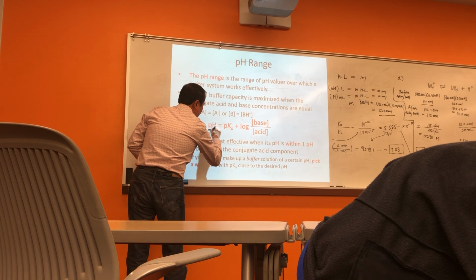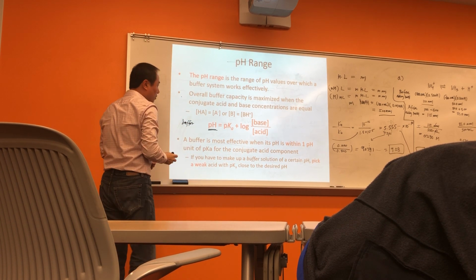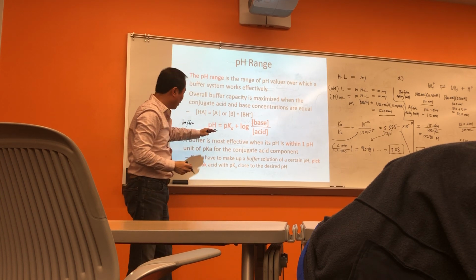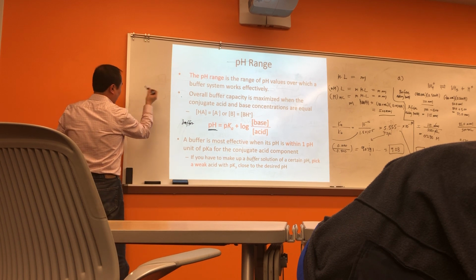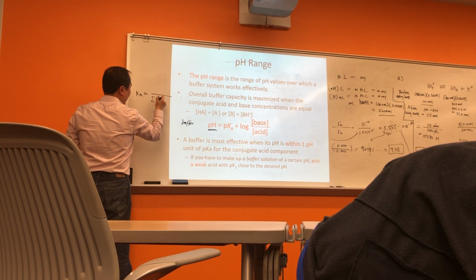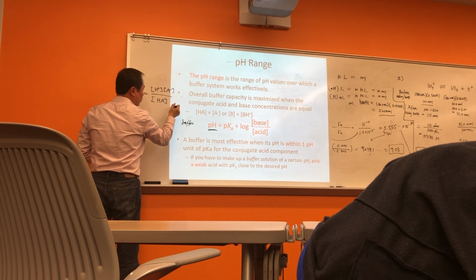The pH of a buffer system is not determined by, but conveniently calculated by, Henderson-Hasselbalch. Okay. By the way, I just keep saying Henderson-Hasselbalch, but you could still use just the regular expression of the equilibrium constant, because mathematically they are equivalent.